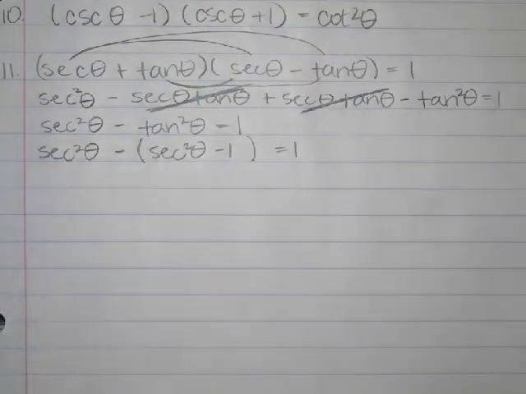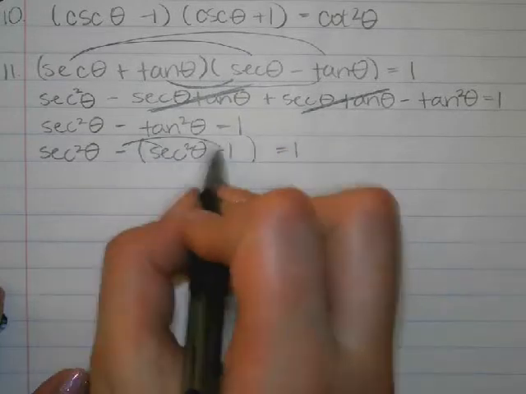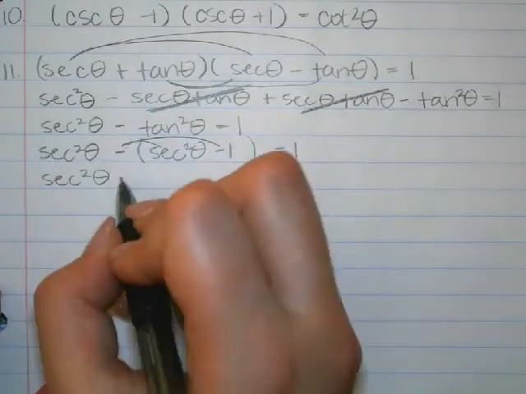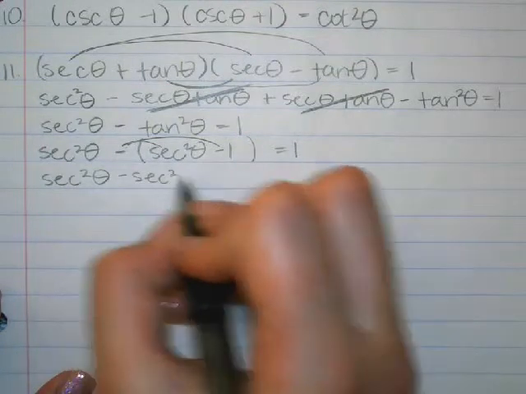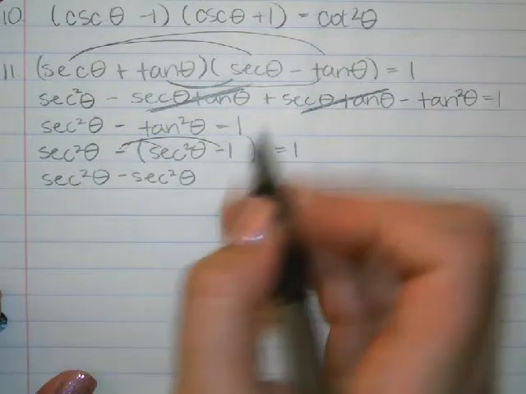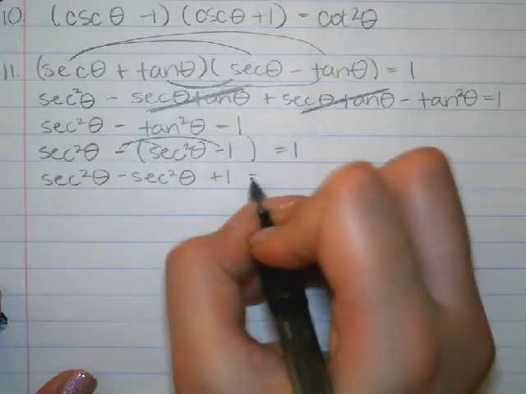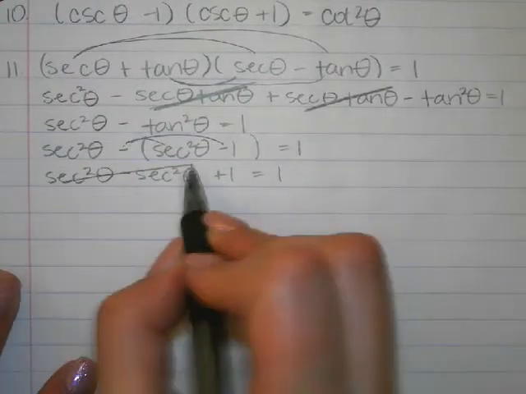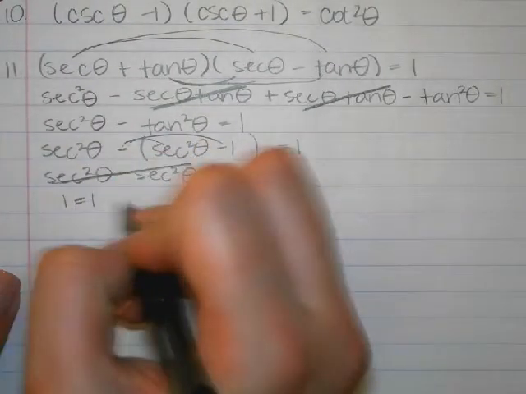Distribute that negative. So I have secant squared theta minus secant squared theta. A minus times a negative 1 is a positive 1. And the secants cancel out, and we get 1 equals 1, and we're done.